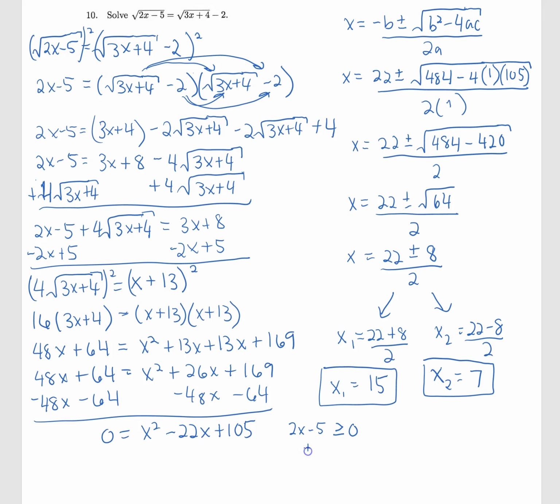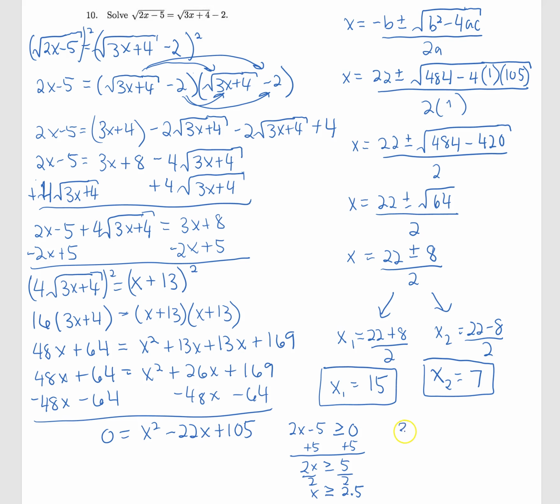So if we solve for x here, we get that x is greater than or equal to 5 divided by 2, which is around 2.5. Both our answers are above 2.5, so that works out.